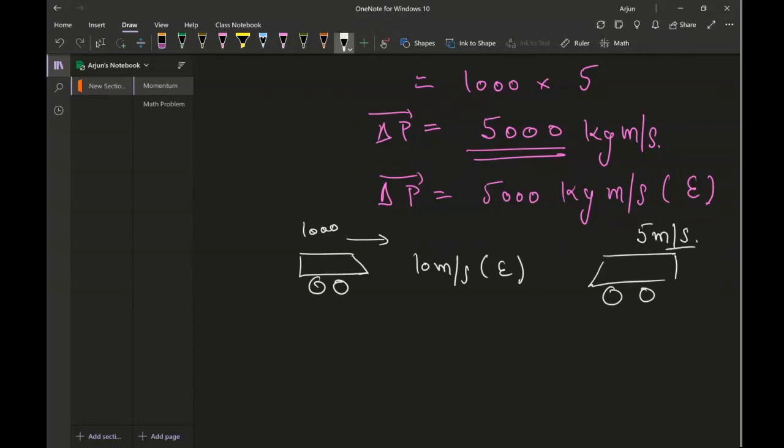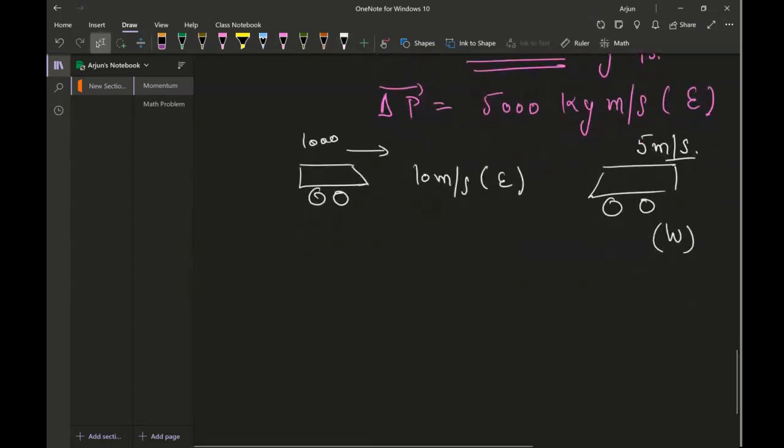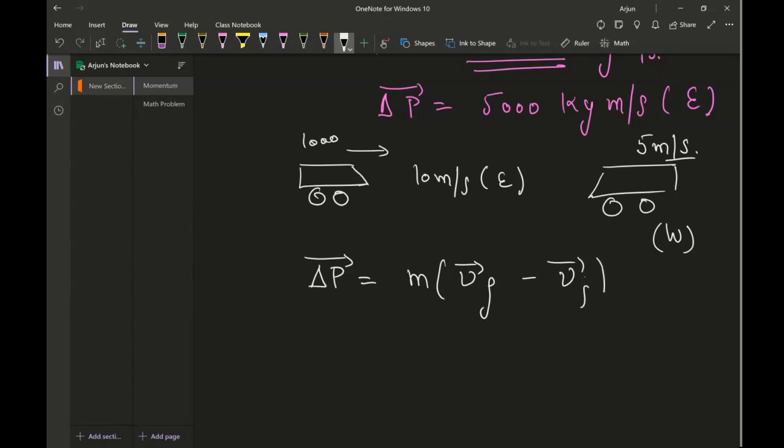Opposite direction means it is moving in the west direction. Now, I want to find out the change in momentum. So how am I going to approach this question? Change in momentum will be equal to m times v final minus v initial. Now, the final velocity in this case is 5 meters per second, but this is in the west direction.